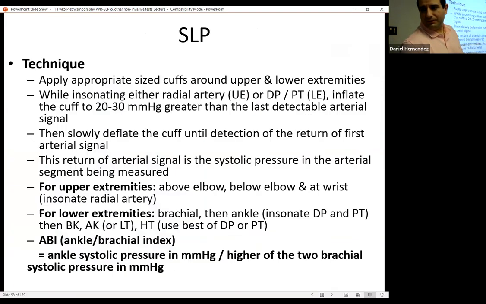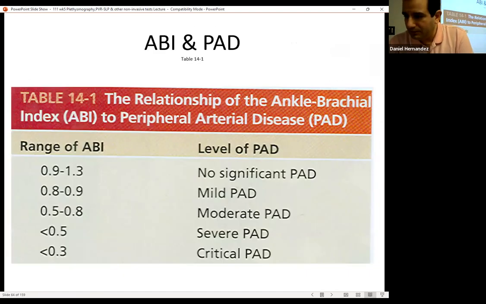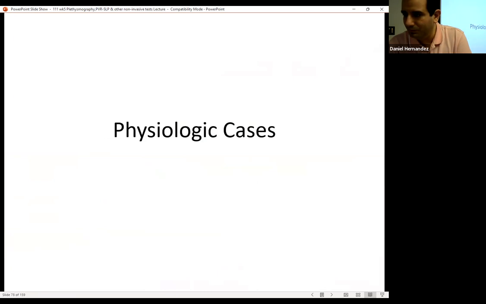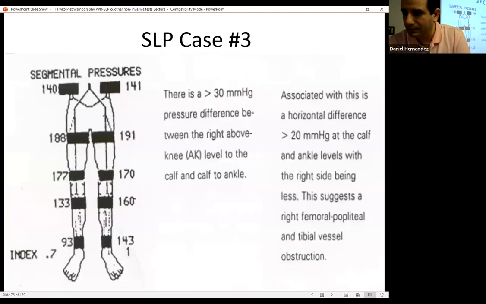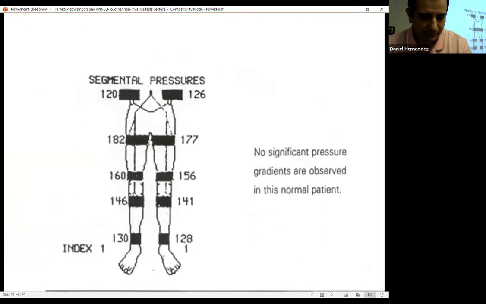Here's my rest pain chart. I don't see anything on your chart. I don't see it either. Let me see if I uploaded it to D2L.